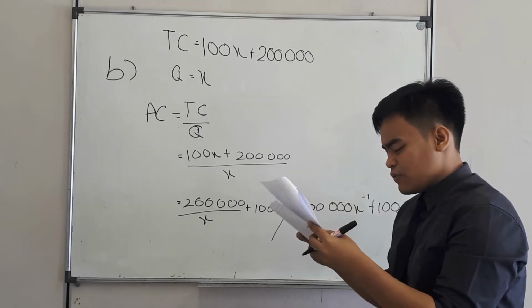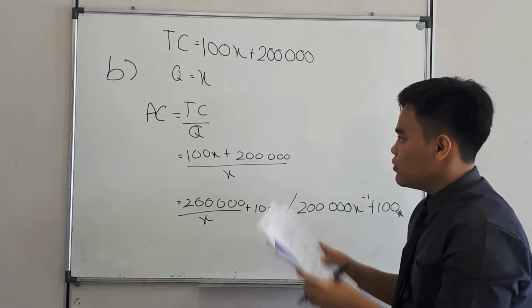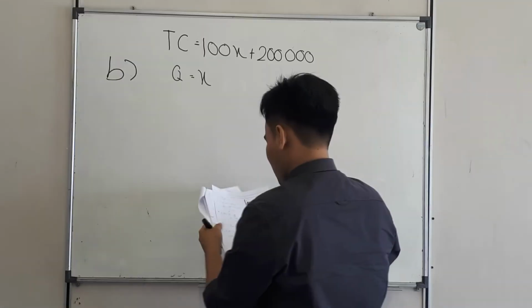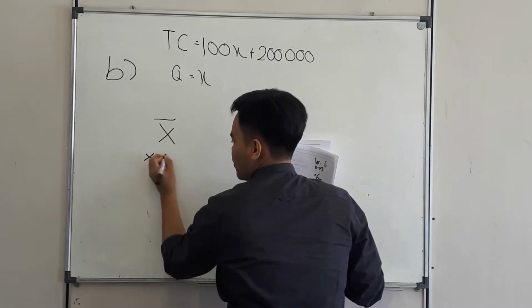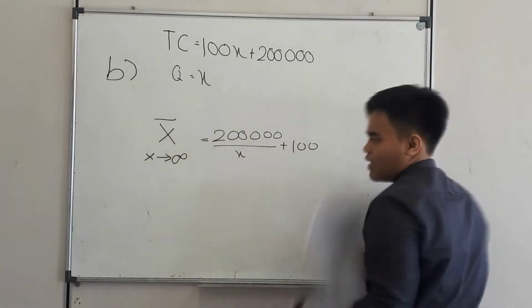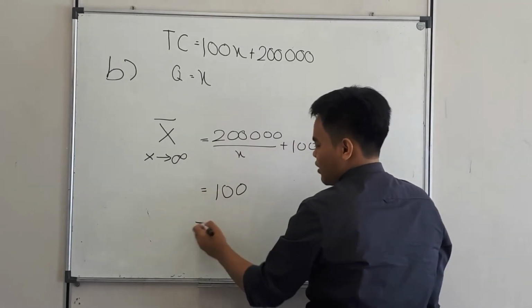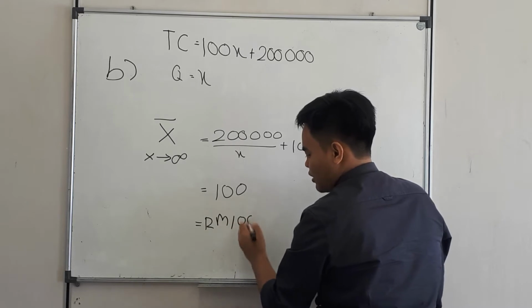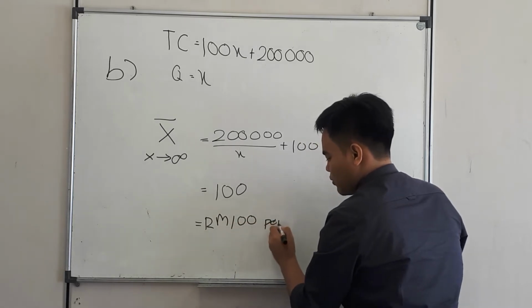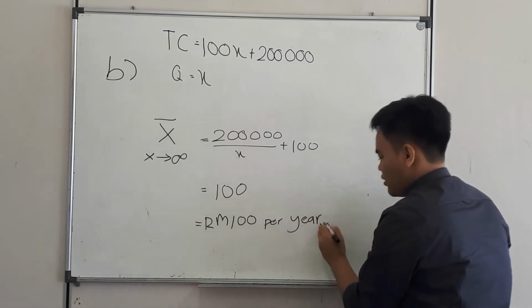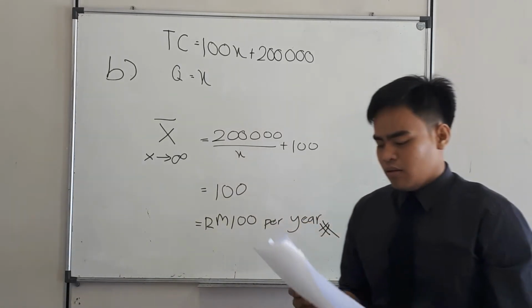Analyze the average cost function when x approaches infinity. It is RM 100 per year. Okay, then the answer, that's all. Thank you.